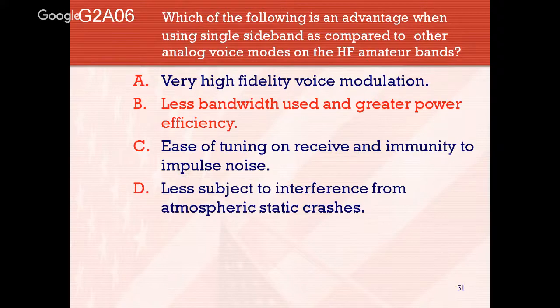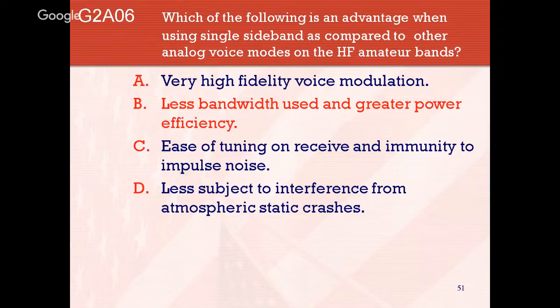When you have an AM modulated signal, you're not only sending out a carrier wave, you're sending out two sidebands, an upper sideband and a lower sideband, and all the energy that's available from your radio goes into all three of those elements of an AM broadcast signal.